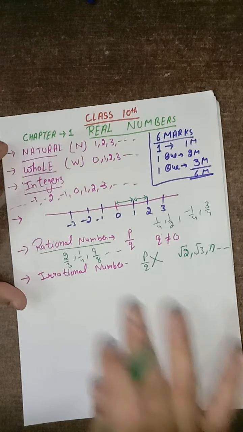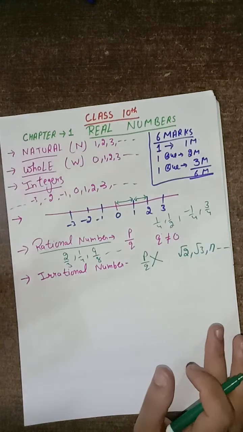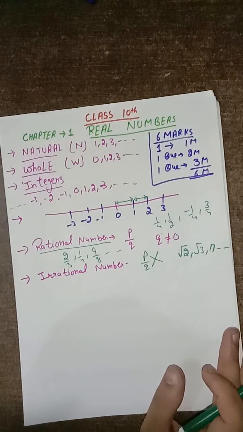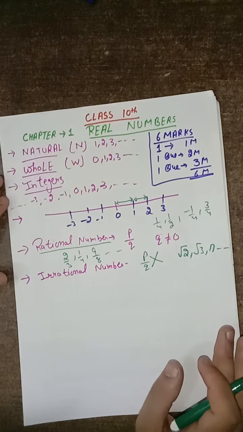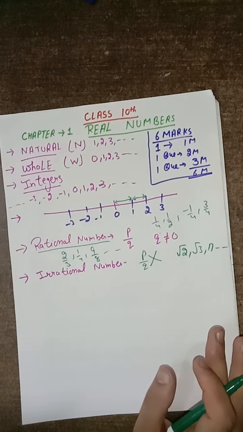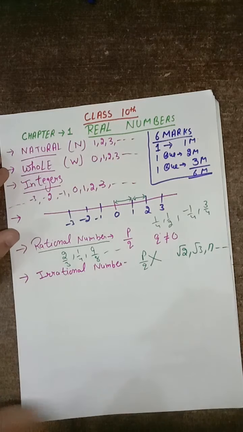Besides real numbers, we have another type of number which we will discuss in class 11, that is complex numbers, which are not real numbers. Okay, this is not our topic. This will be discussed in class 11th maths.